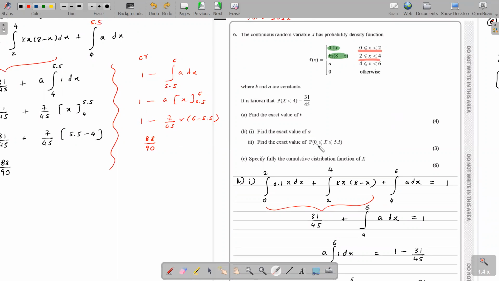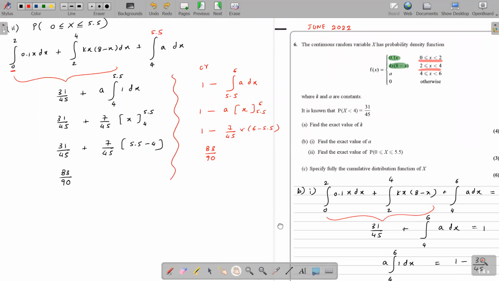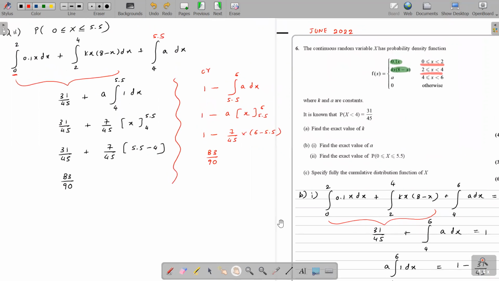Here I need the area from 0 to 5.5, so the only region that's not included is the part from 5.5 to 6. 5.5 to 6 goes with the PDF a, the constant a. So I take the PDF a, integrate from 5.5 to 6, and subtract this figure from 1, the total probability, which should give me the exact same answer as the other one. So you can do either way, right?